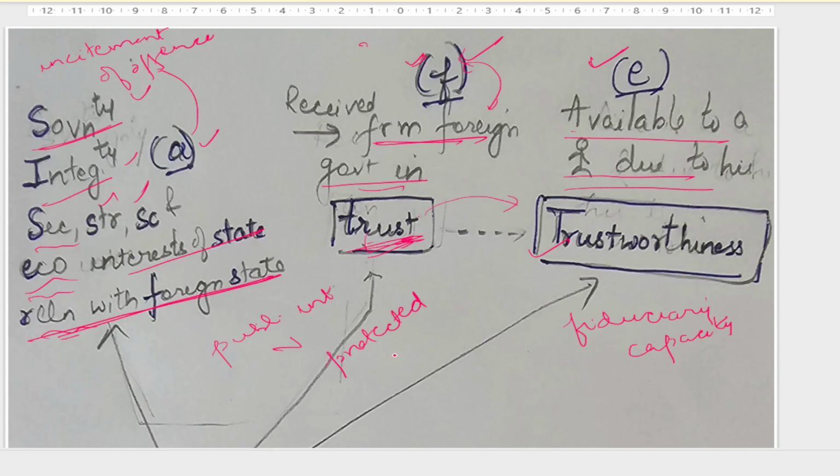So if an event has occurred 20 years prior to the filing of the RTI application, then the PIO may consider giving the information. It is subject to the provisions of clauses A, C and I of subsection 1. So it is subject to the restrictions given in subclauses A, C and I of subsection 1.